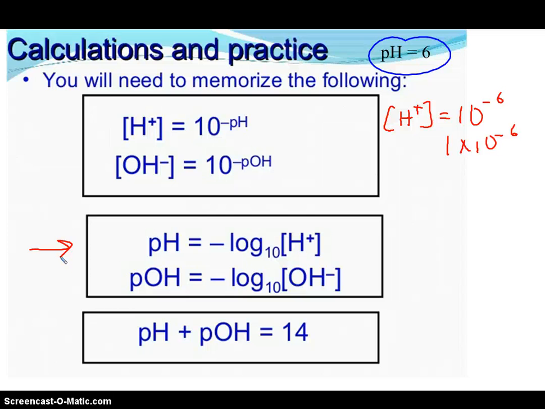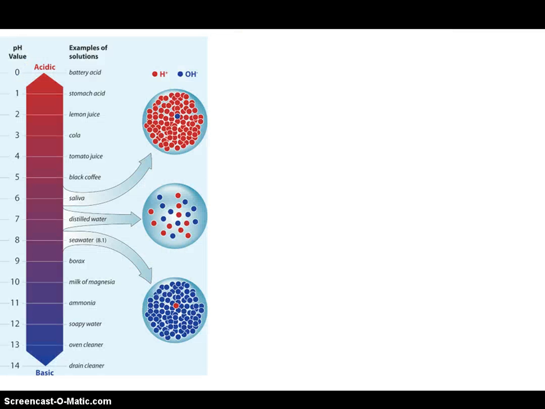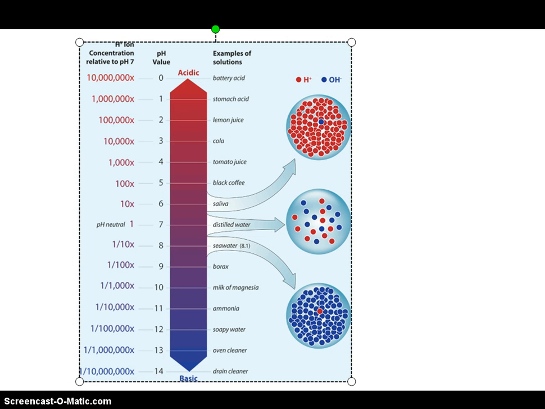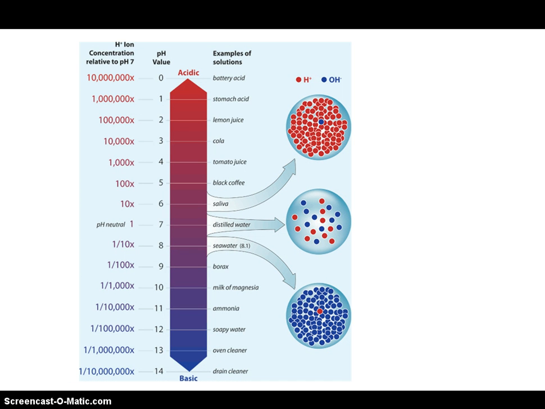So let's try an example now. This diagram is showing you again the pH scale. If we start right here at neutral and go down, we become more acidic, and each unit on the pH scale is a factor of 10.